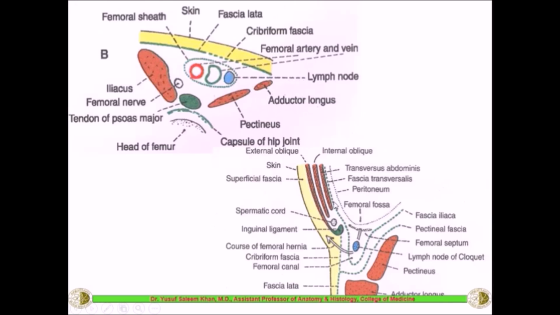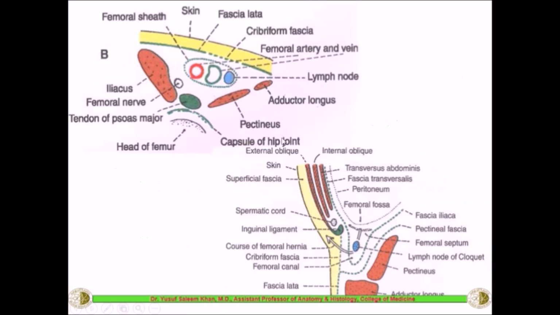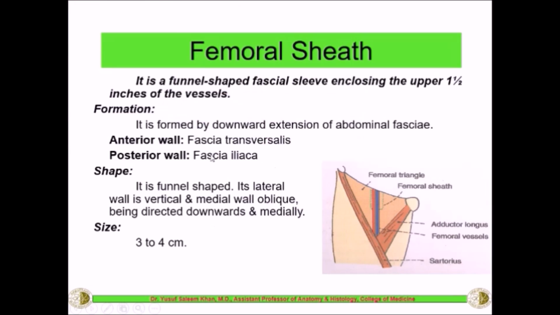This is called the fascia transversalis, and behind it we have the fascia iliaca. These two will come down and descend as the femoral sheath. So the fascia transversalis forms the anterior wall of this femoral sheath, and the posterior wall is formed by the fascia iliaca.